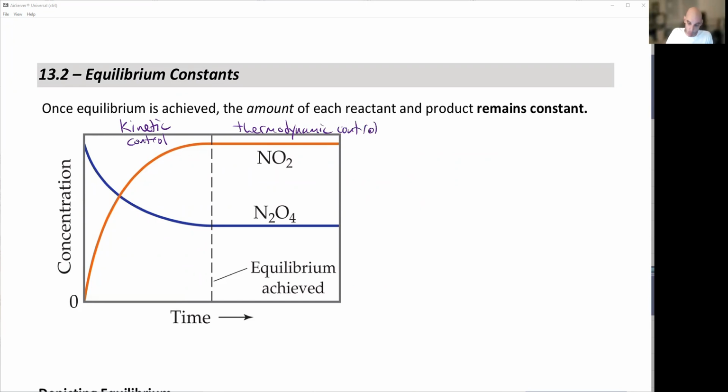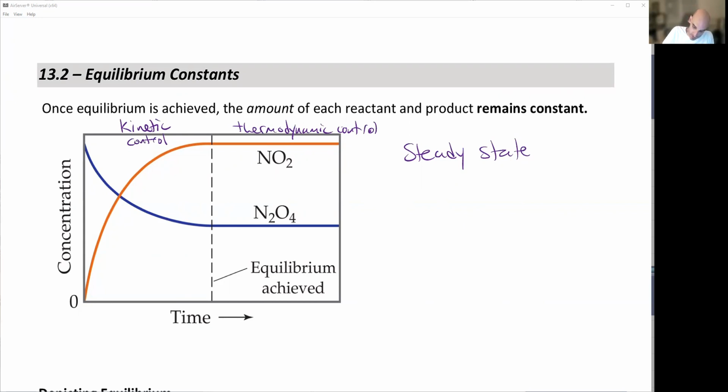And now we have reached what we call a steady state. The steady state is again like the bathtub model, where I'm putting the same amount in as is coming out. So the reaction is happening the same in the forward and reverse.